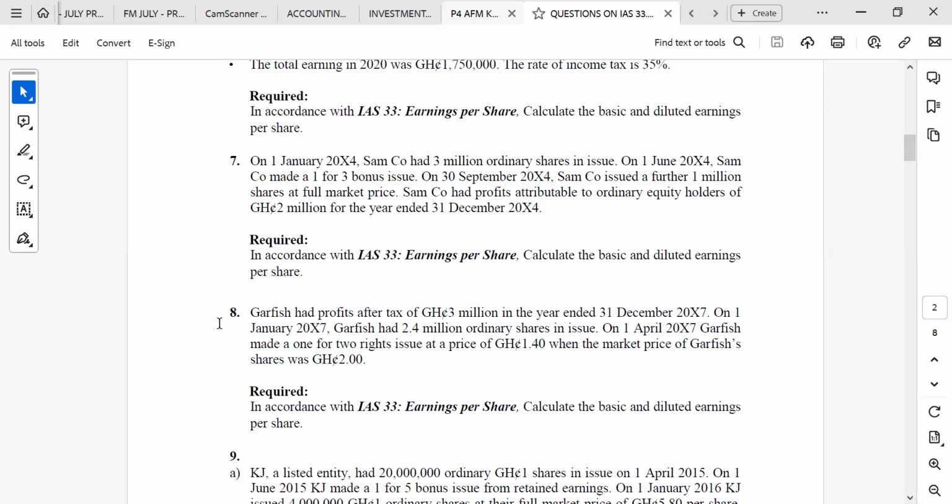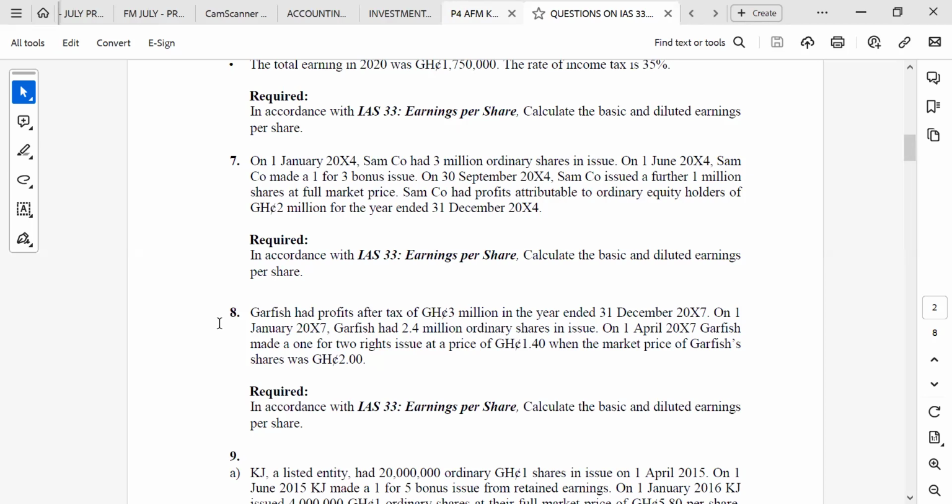On 1 April 20x7, Garfish made a 1 for 2 rights issue at a price of 1.4 Ghana cedis, when the market price of Garfish share was 2 cedis. Required, in accordance with IAS 33 Earnings per Share, calculate the basic and the diluted earnings per share.